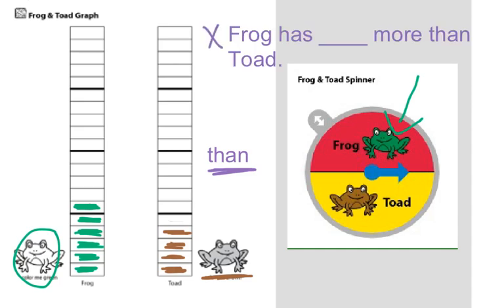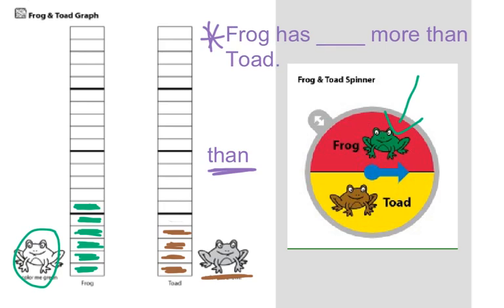Just like yesterday, you're going to write down what you think using this sentence frame. Frog has more than toad. Remember, you're going to compare how many frog has than toad and fill in the answer. A lot of you did a great job with this yesterday, so I can't wait to see how you do today.